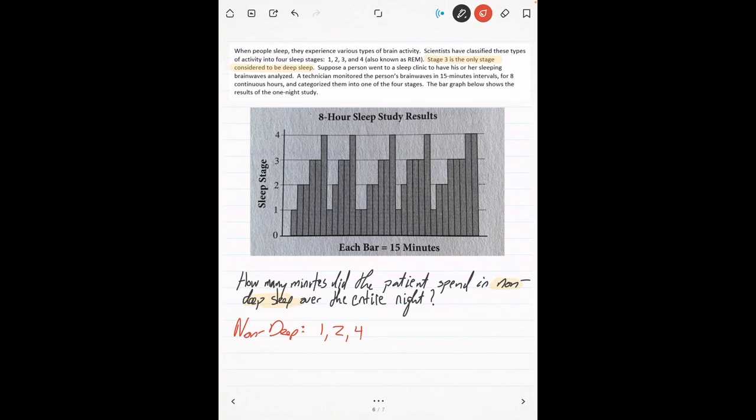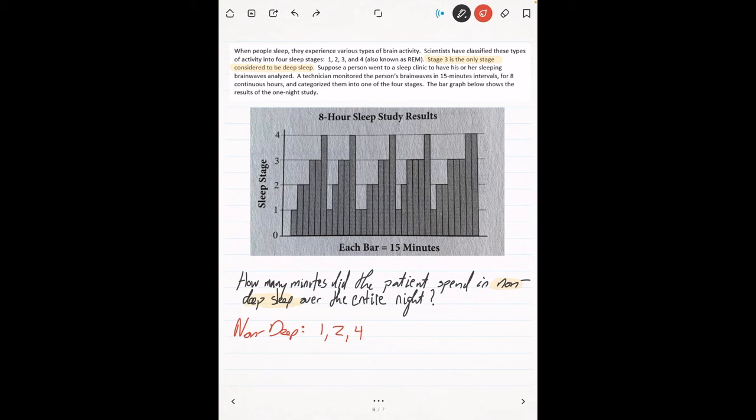So anytime you're in one of these, stage 1, 2, or 4, you're in non-deep sleep. It's only when you're in stage 3 that you're considered to be in deep sleep. We need to find how many minutes the patient spent in this non-deep sleep.